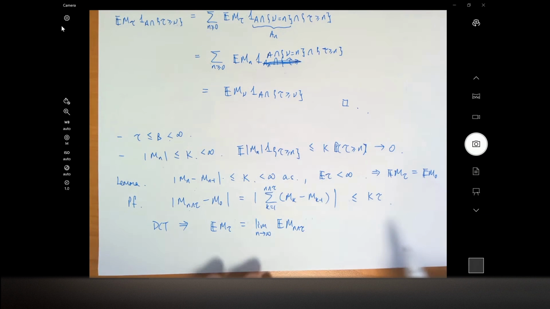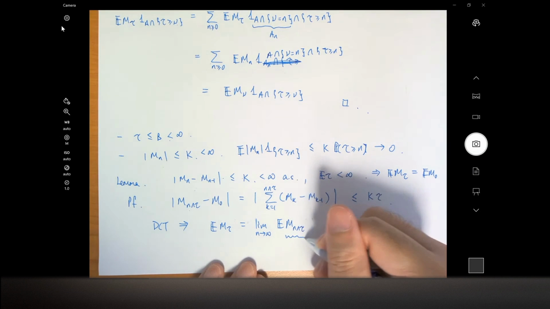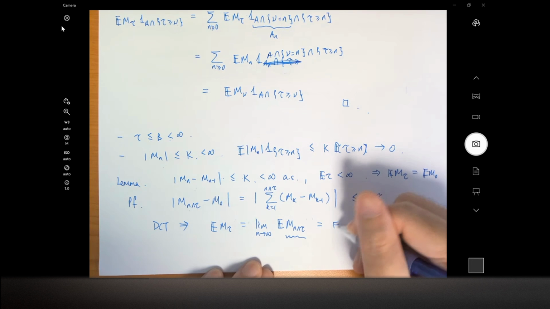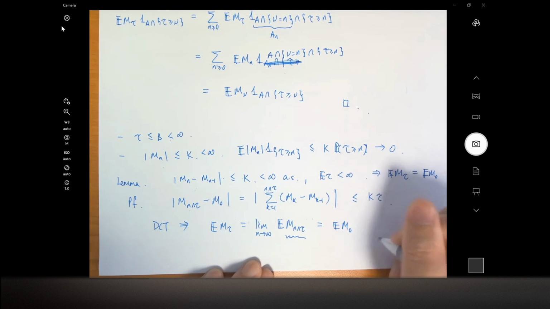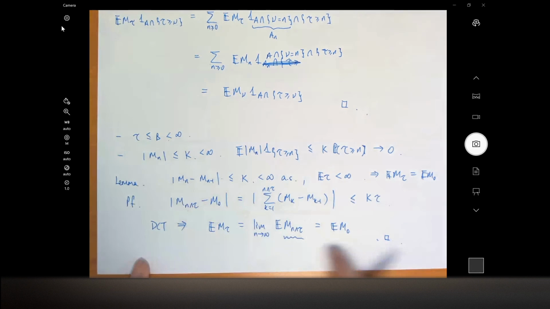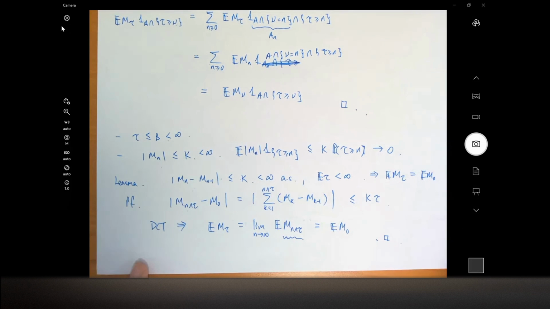And we saw before that this is a martingale, right? This is a stopping time. We have proven that this is a martingale. So the whole thing is just the expectation of M0. So if you have a stronger condition, then you can get this kind of result very easily, without that optional stopping theorem.